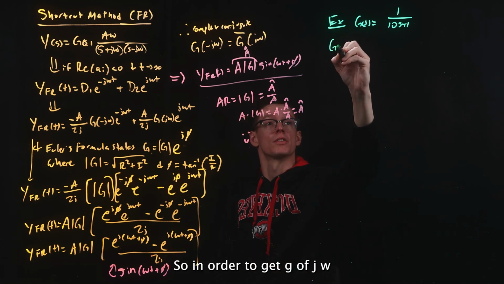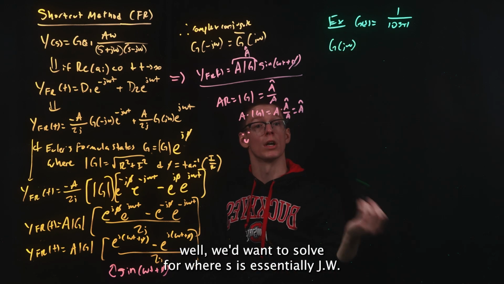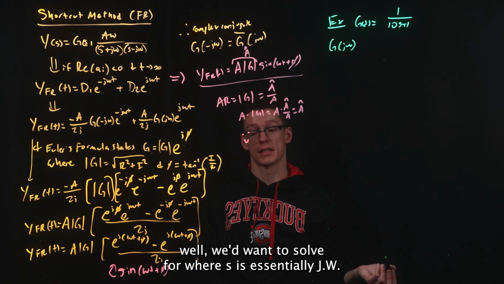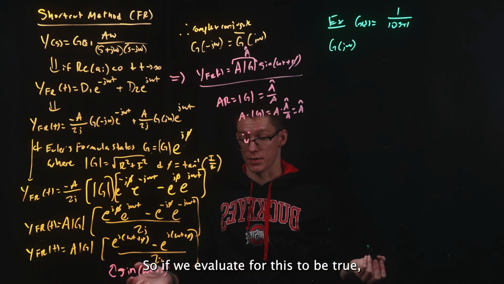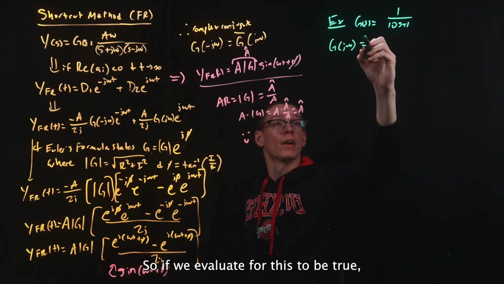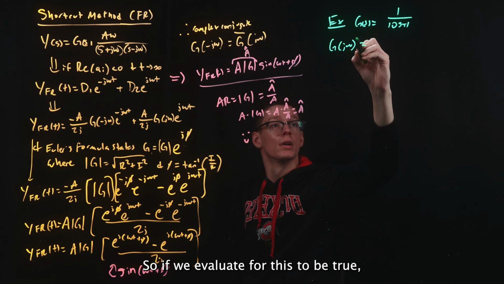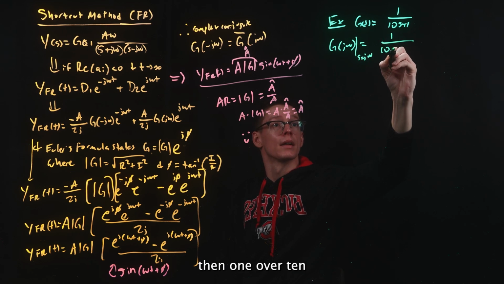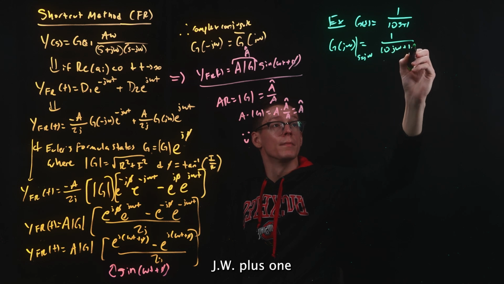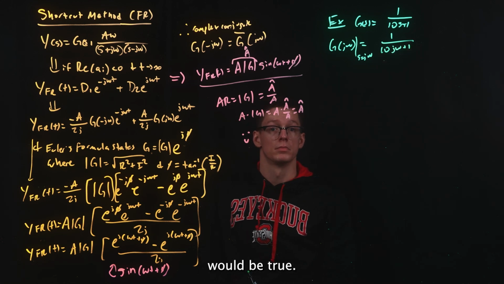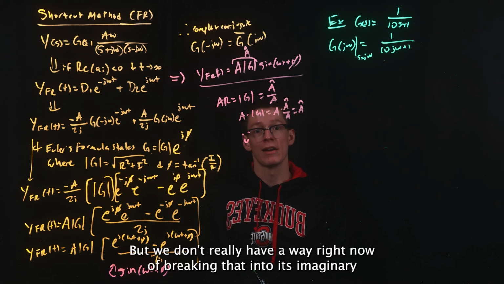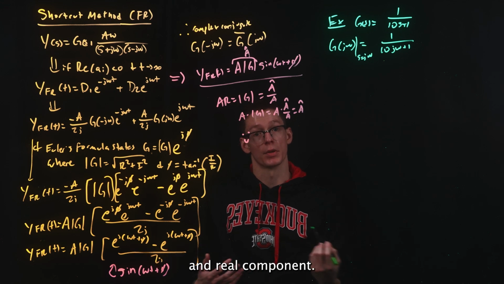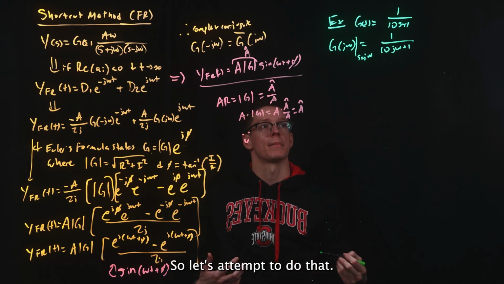So in order to get g(jω), we'd want to solve for where s is essentially jω. So if we evaluate for this to be true, then 1 over (10jω + 1), that'd be true. But we don't really have a way right now of breaking that into its imaginary and real components. So let's attempt to do that.